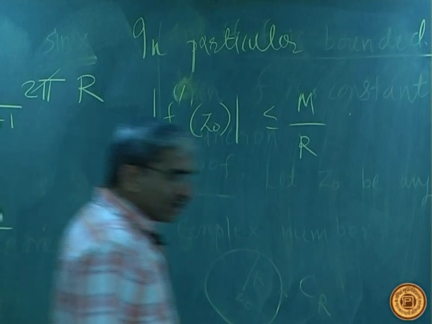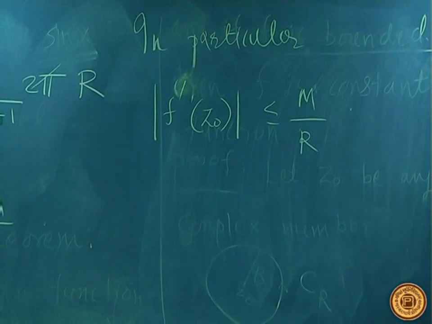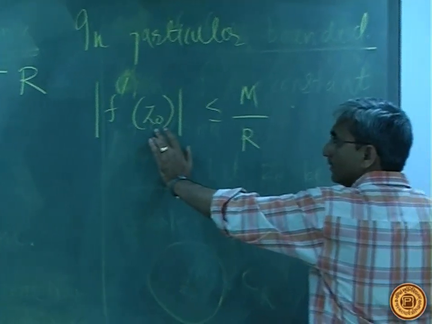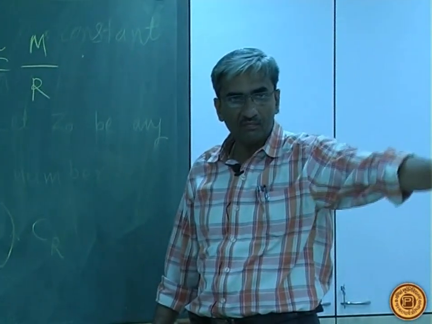Now what was z0? z0 was any point in the complex plane. So whatever has happened here for z0 is true for any complex number. Is this clear?